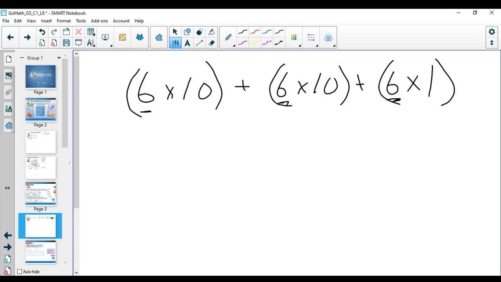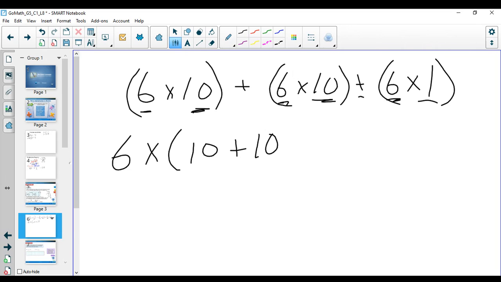So we can start to put numbers back together. So if we pull the 6 out of each of these sets of parentheses, we get a 10 from here, a plus, a 10 from here, plus a 1 from over there, right?